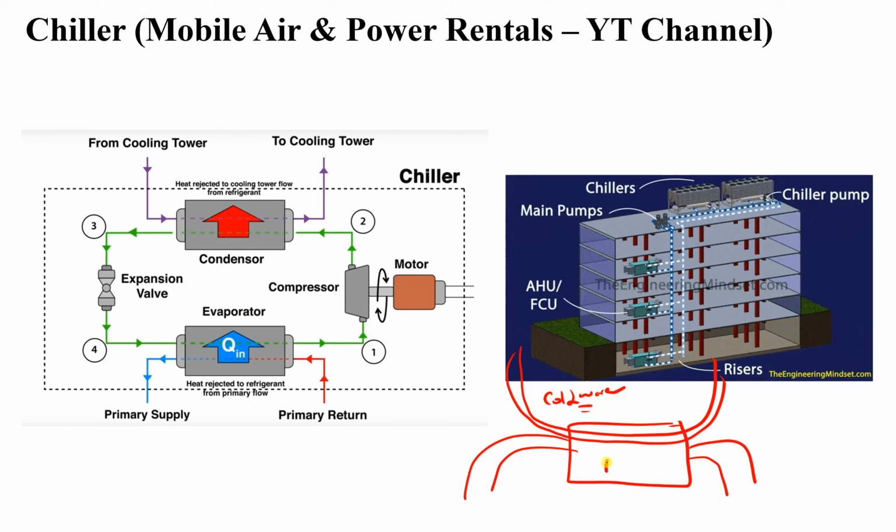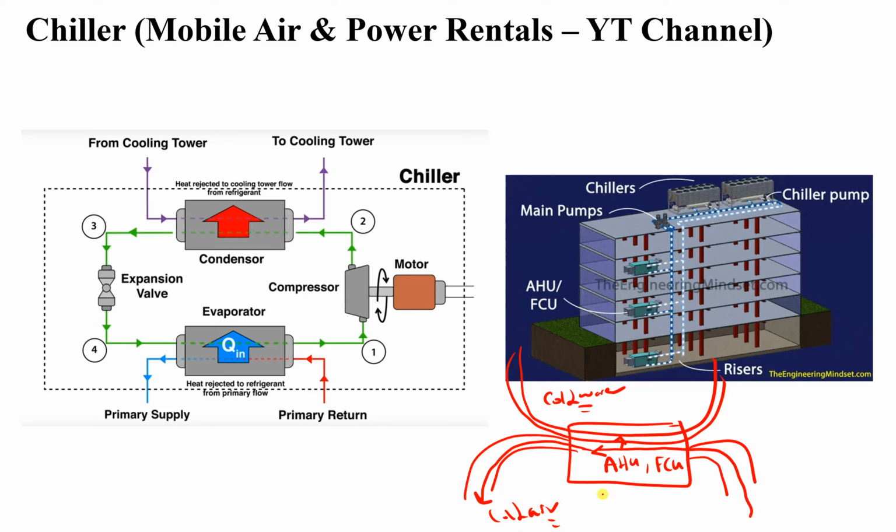Now inside the air handling unit or fan coil unit, we have a fan that takes warm air from our room like this, and then this warm air will exchange heat with the cold water. So all of the heat energy inside this warm air will go to this cold water, and after it cools down, it will go outside as cold air to our room.